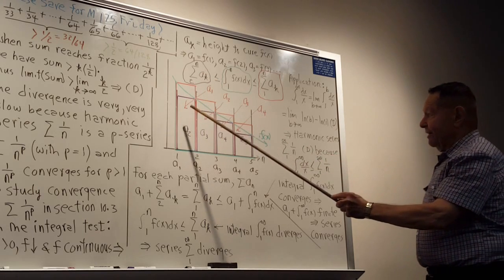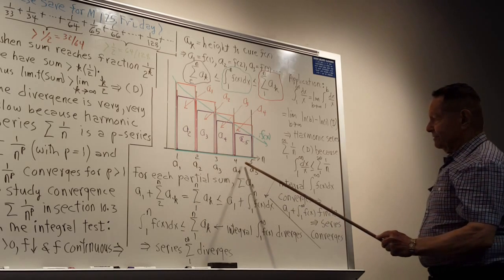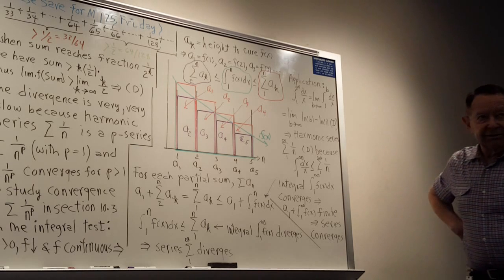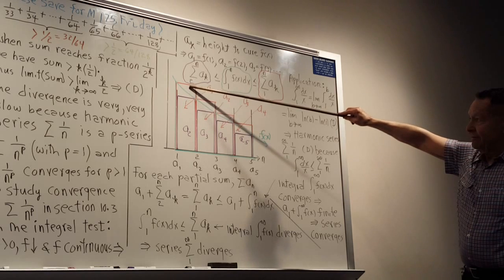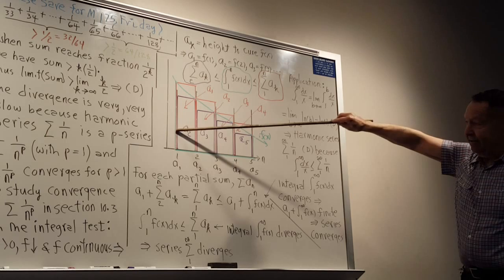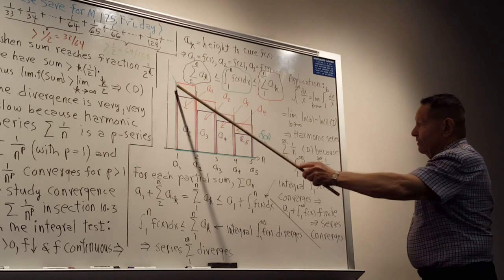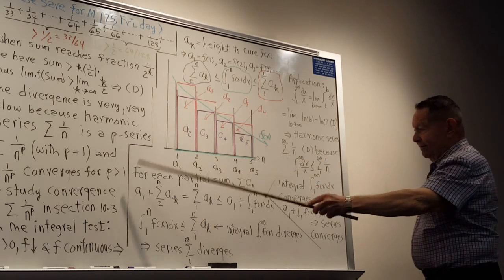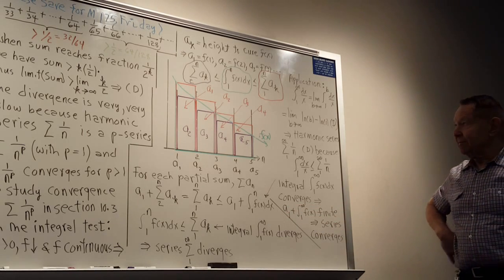So then look at the areas. My spacing here is 1, 2, 3, and so on. So these rectangles are 1 space wide. So the area equals the height. So in red, I have taken the height to the curve at the left side of the rectangle. So the first term of the series is my function value at 1, where I'm thinking of the envelope function for the series.